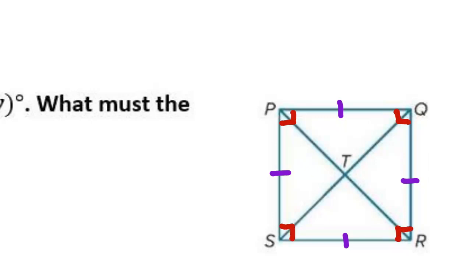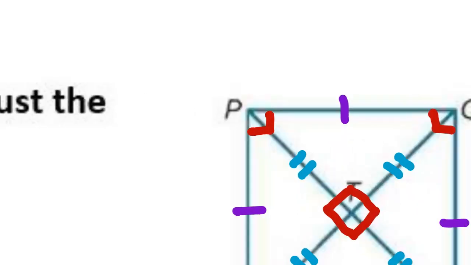I know that where the diagonals are crossing each other, it's forming four right angles. I know that the diagonals are bisecting each other and they're congruent. And I know that where the diagonals are coming into the corners of the square, it's cutting it into 45-degree angles.